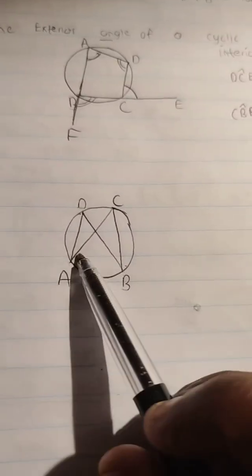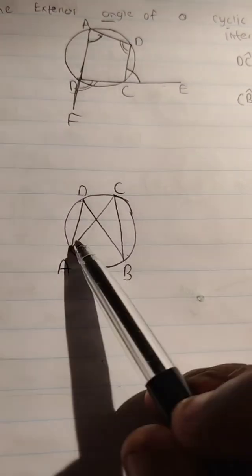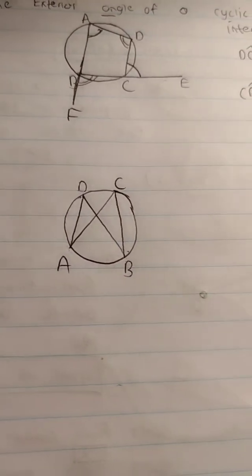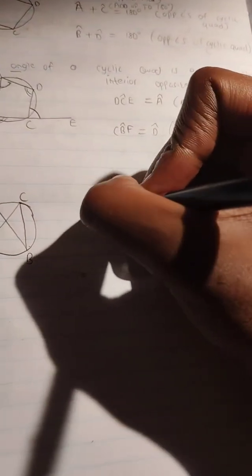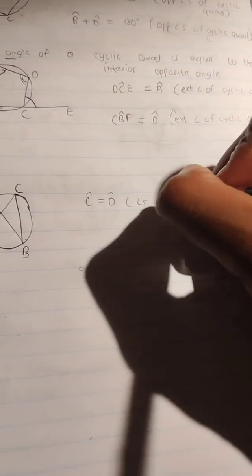So the arc subtends angle D, the same arc subtends angle C. So for this particular one, we say angle D is equal to angle C, and the reason we say that is angles in same seg.